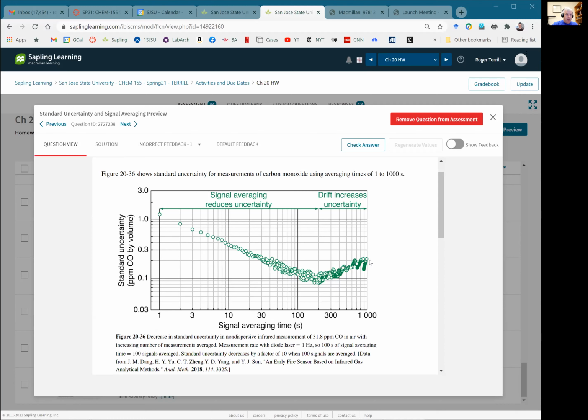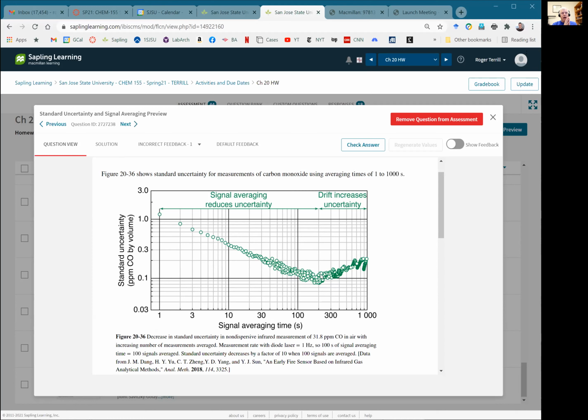That's possible. It could be that there's actually a change in the amount of CO in the atmosphere. So what you gain in time, you gain with limitation; there's always a limitation there.